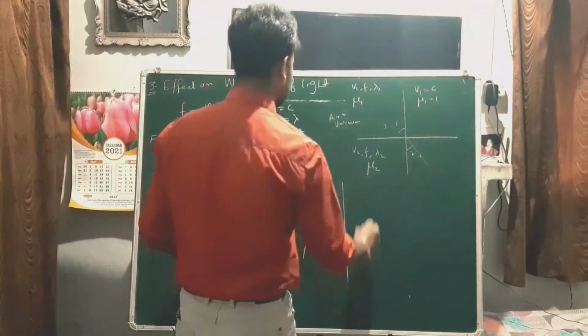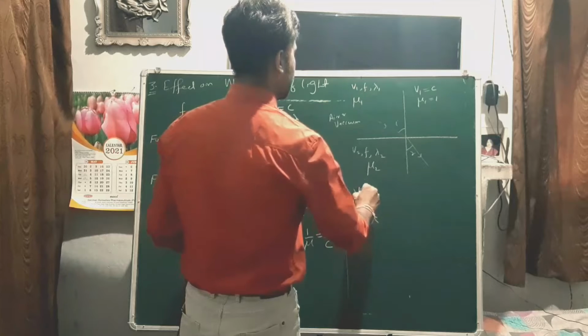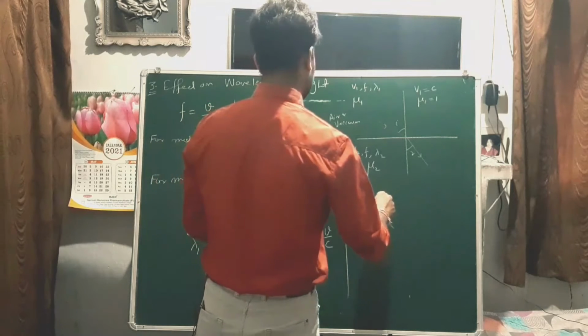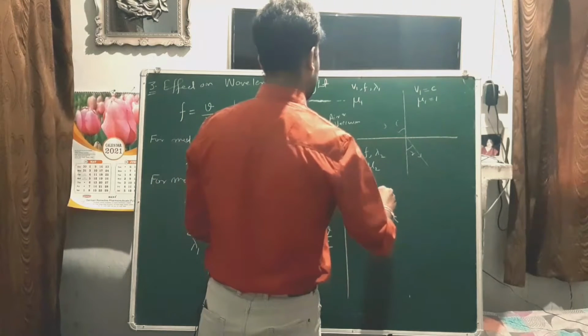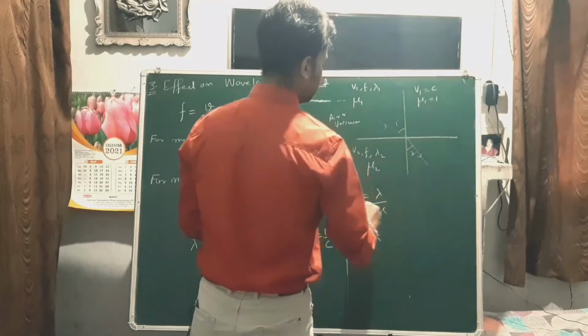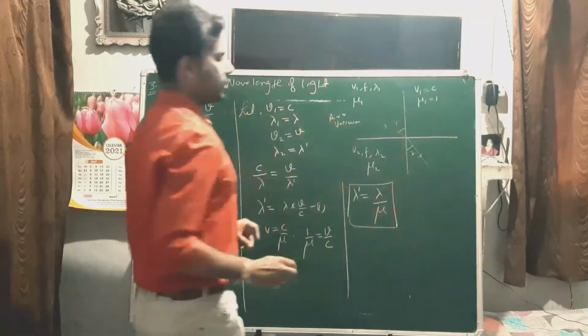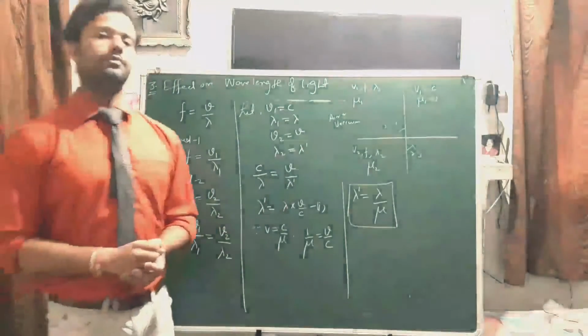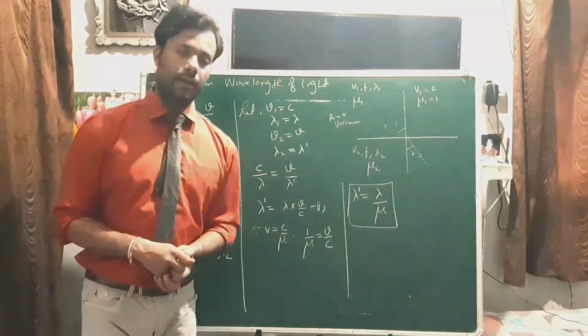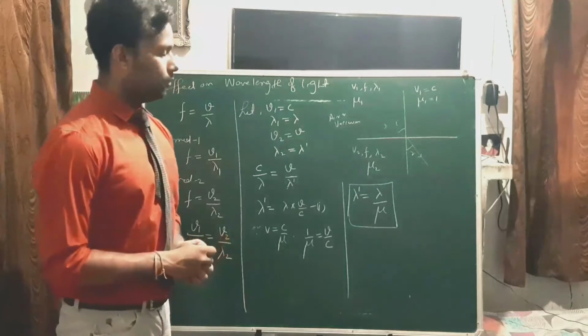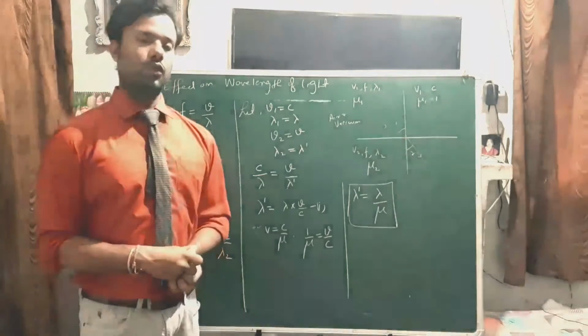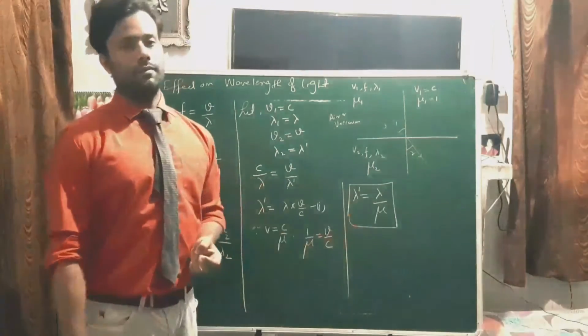What you'll get? You'll get lambda dash equals lambda upon mu. So this will be the change in the wavelength of light. Lambda dash will be lambda upon mu. That means the wavelength also decreases by the factor mu.